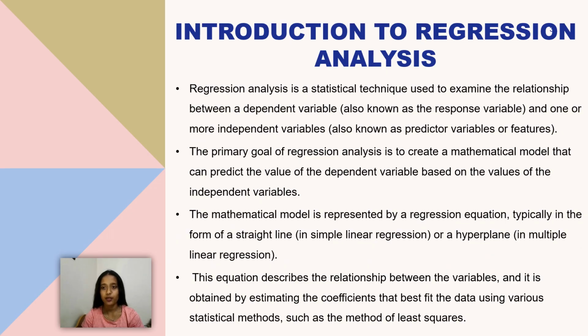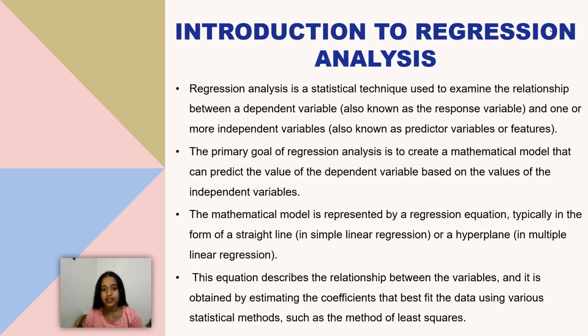So now let us see what regression analysis is. The main goal of regression analysis is to create a mathematical model which can predict the value of a dependent variable. The predicted values will be based on the values of independent variables. This mathematical model is represented by regression equations, usually in the form of a straight line or hyperplane.